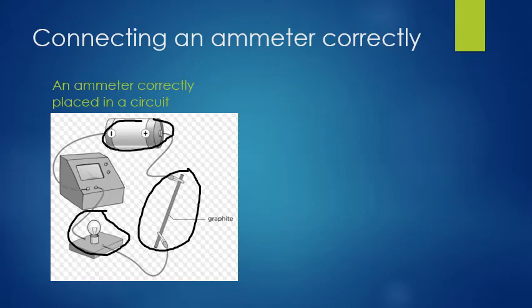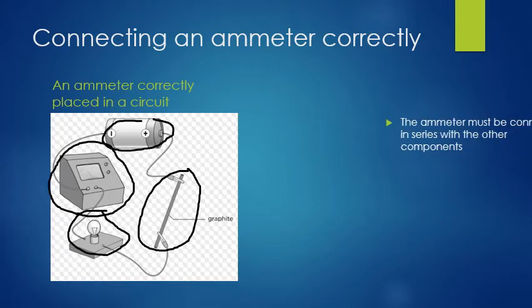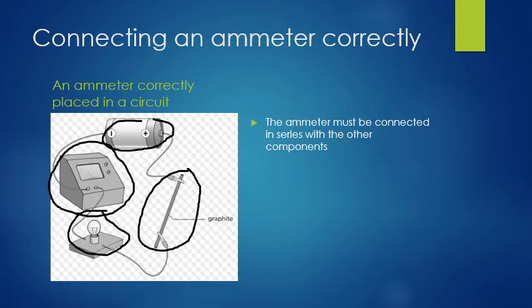Notice the ammeter is placed here in the circuit in series with all of the other components. This is the correct way to connect an ammeter into an electrical circuit. So it must be connected in series with the other components in order for us to get a correct reading of the current in the circuit.